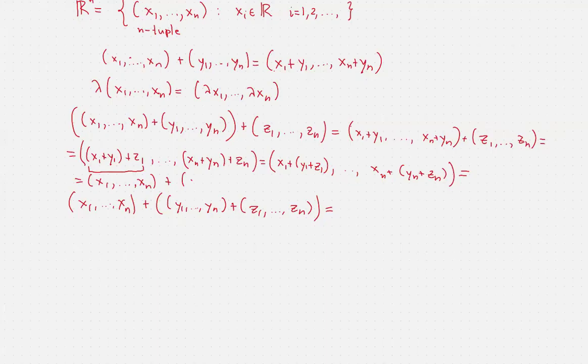And finally, this is equal to what we wanted it to be. You see, initially, I wanted to follow a different path. I just wanted to show that each side is actually equal to the vector that has coordinates xi plus yi plus zi.